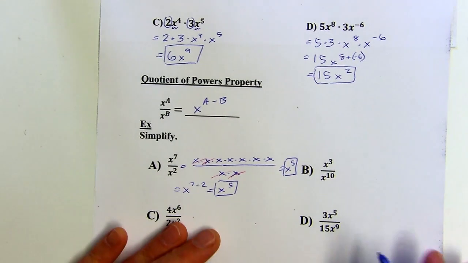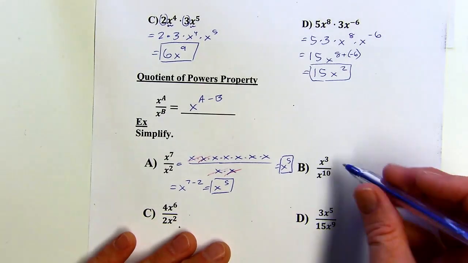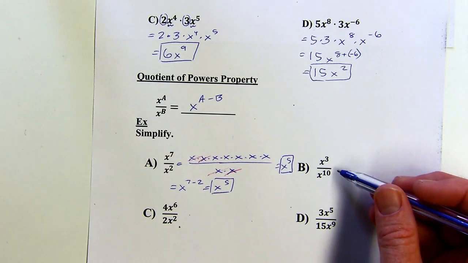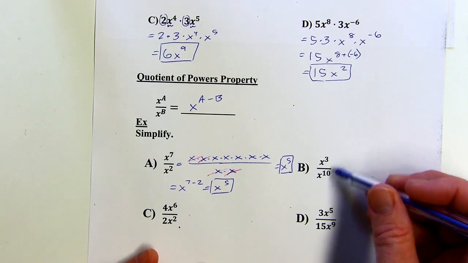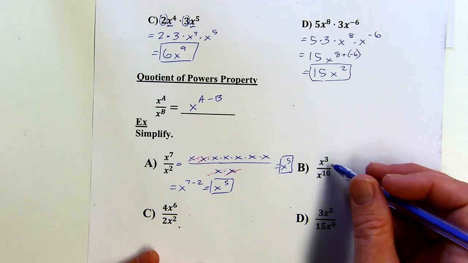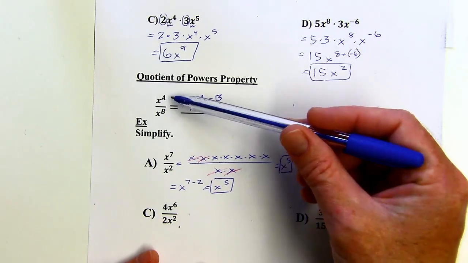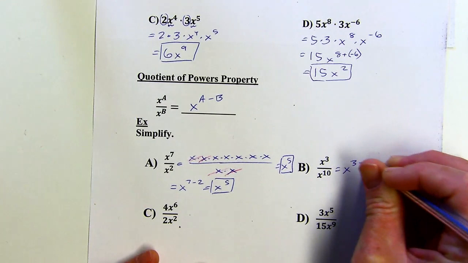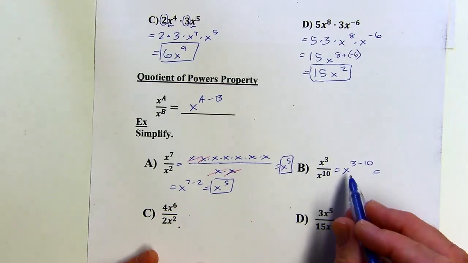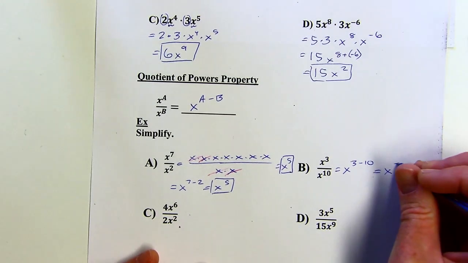Okay? All right. So this next one, a lot of times I'll see people put x to the 7th for this one because they took the 10 and subtracted the 3. But you always take the top exponent and subtract the bottom one. So that means I'm going to get x to the negative 7th here. Okay?